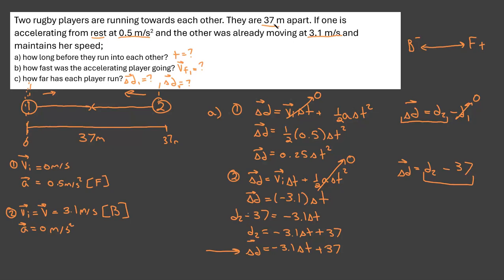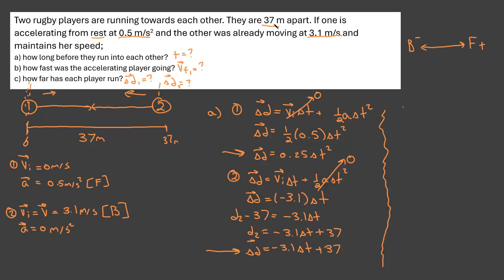Okay, so now I've got these two equations, and now I'm going to use some substitution. I'm going to get a quadratic equation, and then I'm going to solve for my time. So I'm just going to set this equal to this. Delta D, they're both equal to each other, so I'm going to be left with negative 3.1 delta T plus 37 equals 0.25 times my time squared.